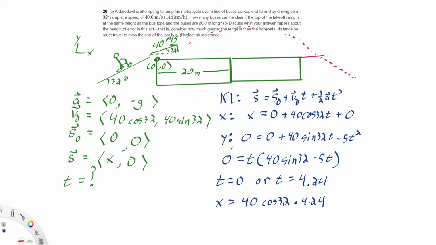Anyone have a number? 144. Yep. That's a lot. If the buses are each 20 meters long, this is about 7 buses with 4 meters to spare.